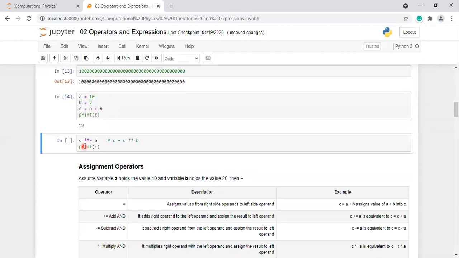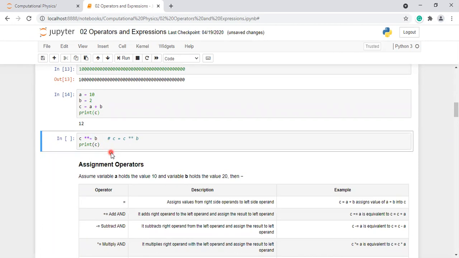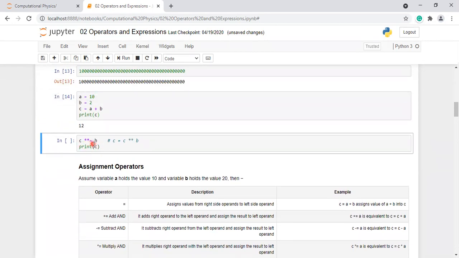Next, C star star equals B. This is a shorthand notation.